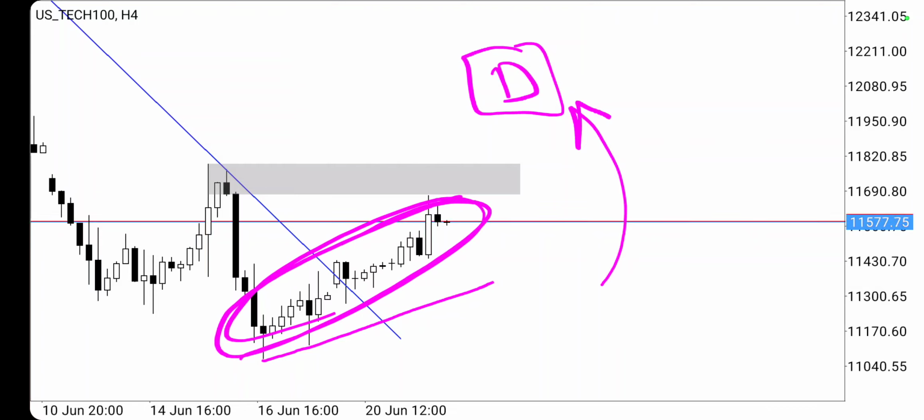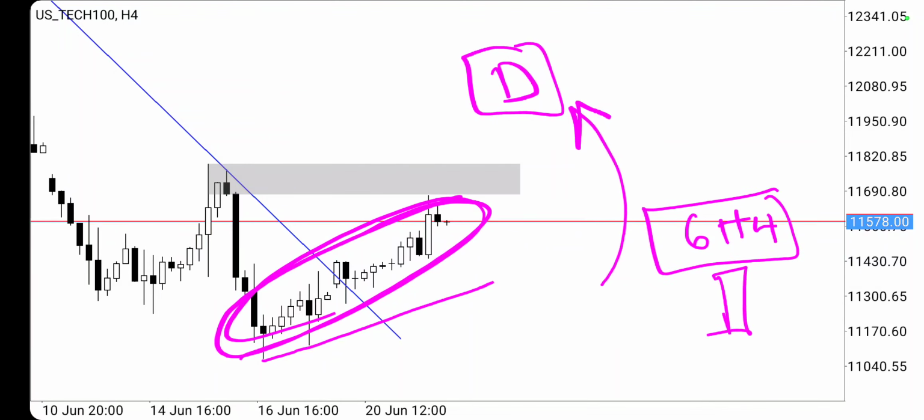That means you have to go higher, because you've got 6 H4 candlesticks that form just one daily candlestick. So all these 6 candlesticks are represented by one candlestick on daily, which means you have eliminated the noise. So in such cases, I will advise you to do the same.